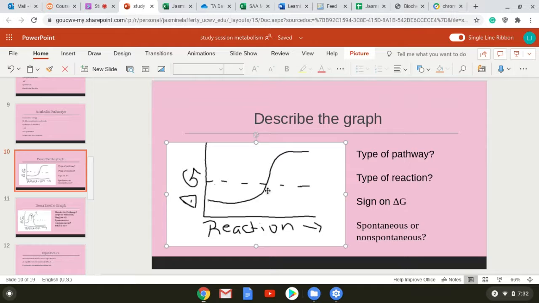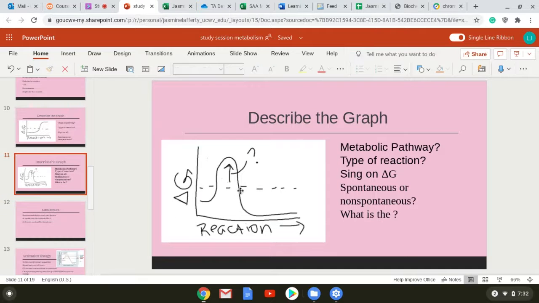Remember to look at the slope. Positive. Exactly. Good job, y'all. Thank you for engaging. It makes it a lot more interesting. All right, so would this be spontaneous or non-spontaneous? Non-spontaneous. Awesome. Remember, I can't spontaneously walk up the stairs.